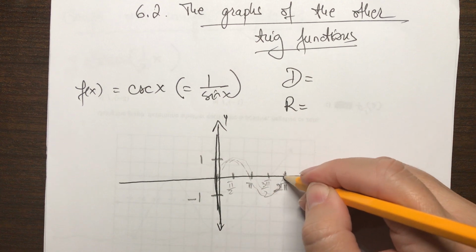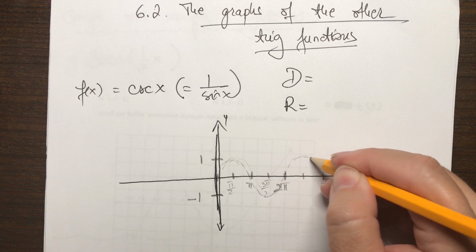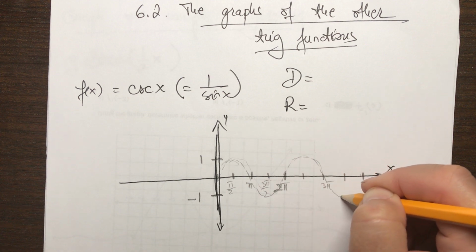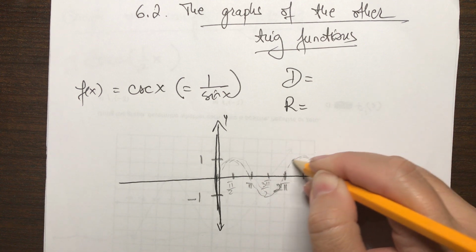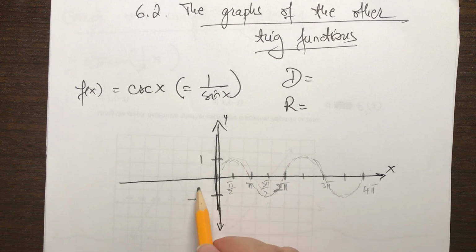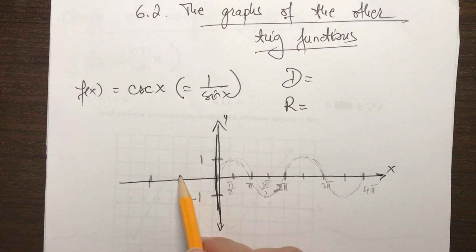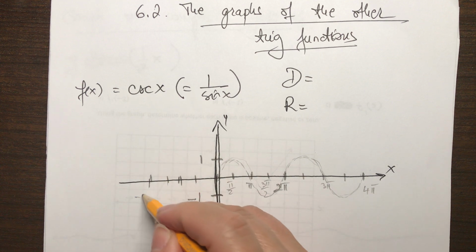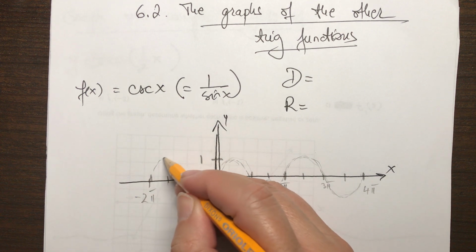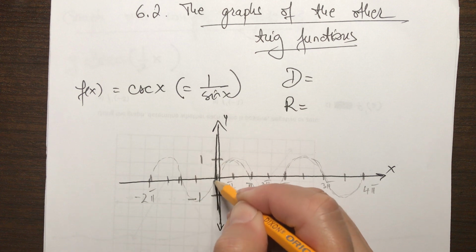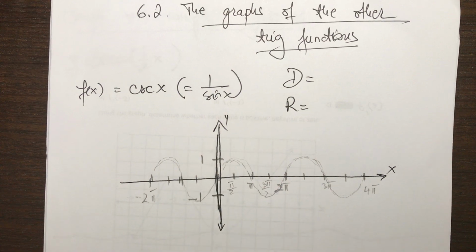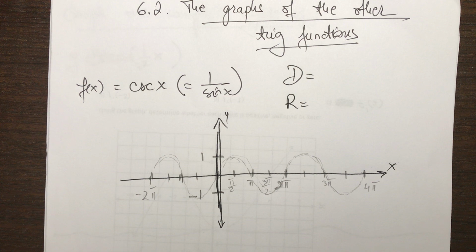I'm going to draw a second one for you. Up at 1, down at 0, -1, back up at 0. So a second loop. And sure enough, of course, I can do the same thing on the negative side. Down to -2. Up at 1, down at 0, back at 0. Boom. Copy and paste over and over again.